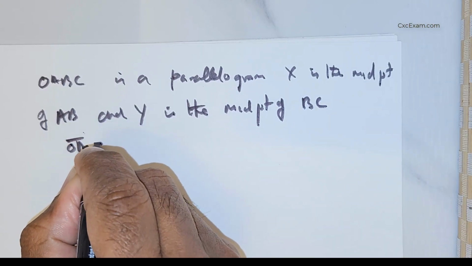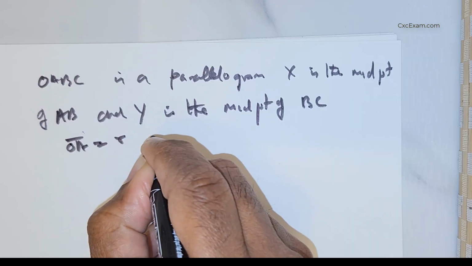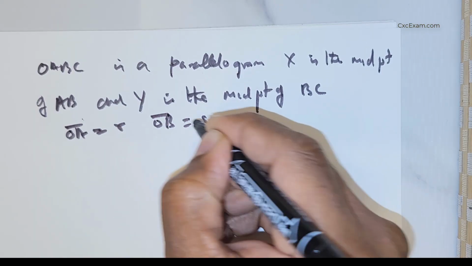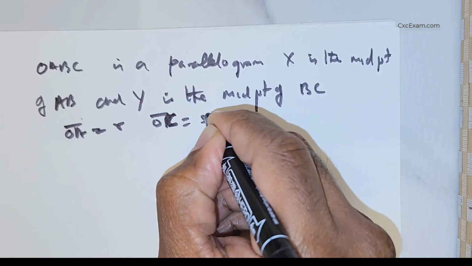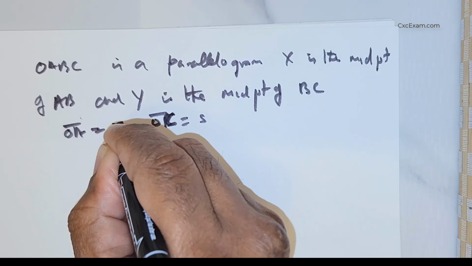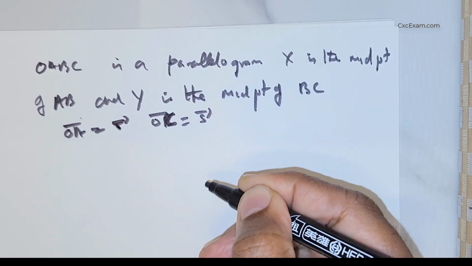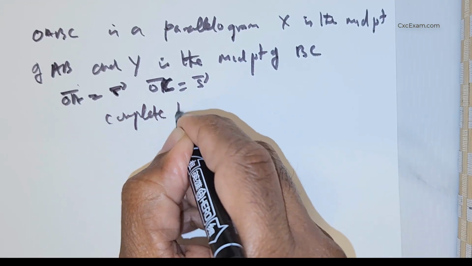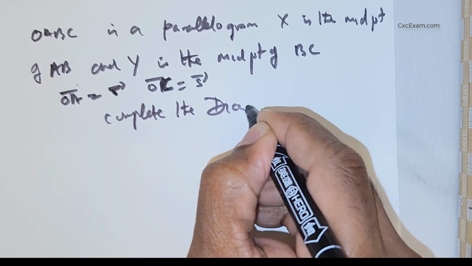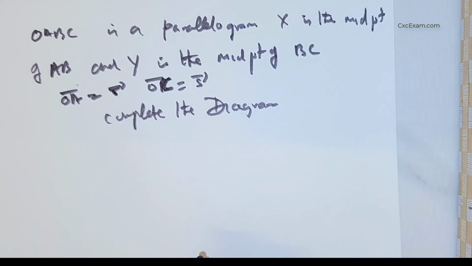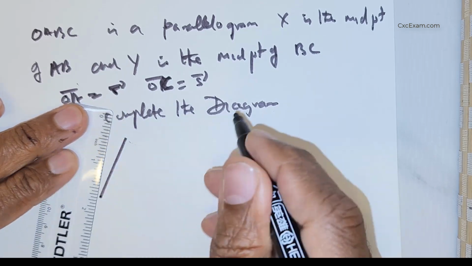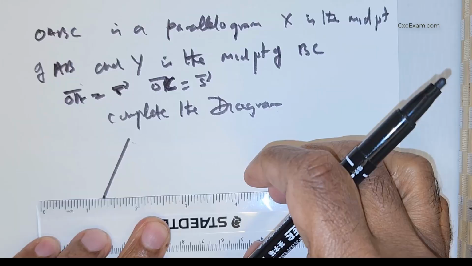OA vector is R vector and OB is S vector. It's actually OC. Okay, R vector and S vector. Complete the diagram. This is the first question. So we have been given the parallelogram.